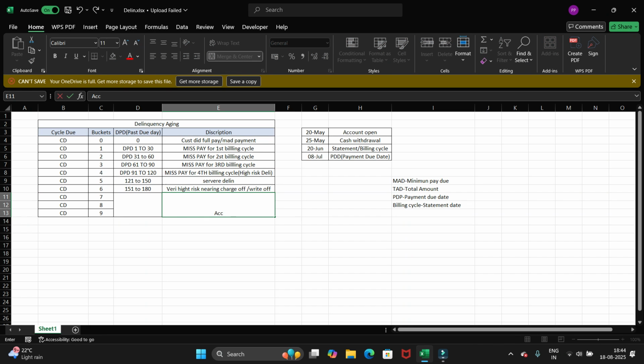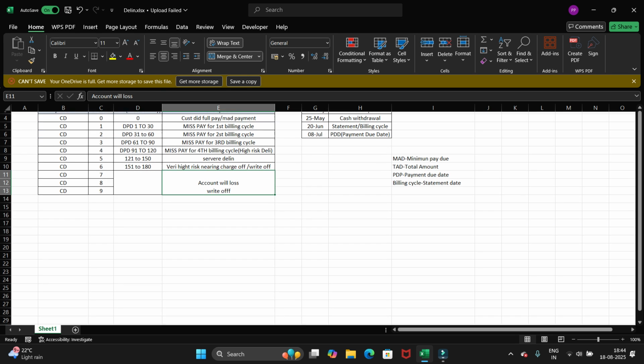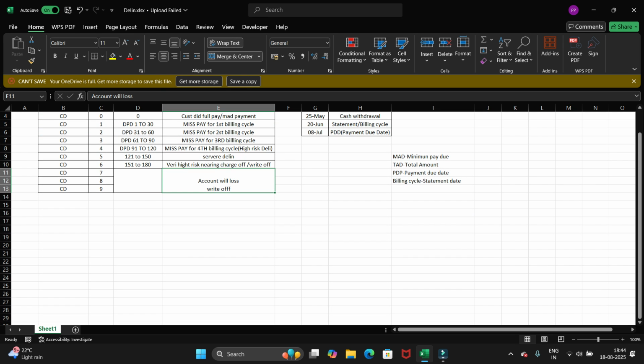The account will be considered a loss and it will be written off. So these are the total CDs in delinquency aging.